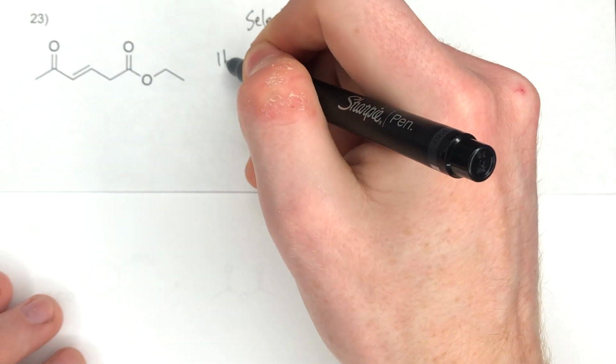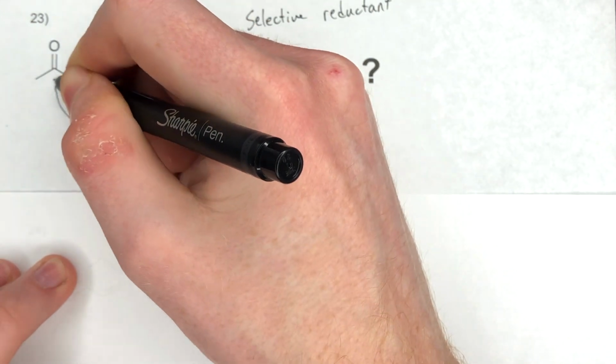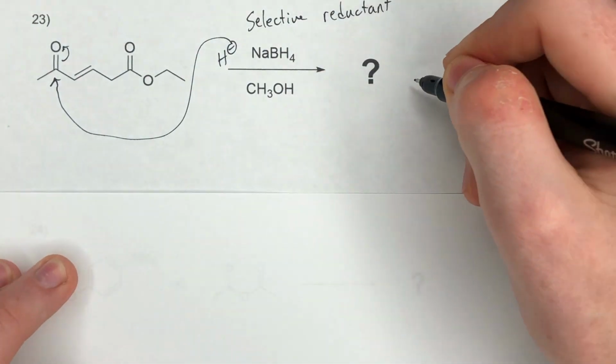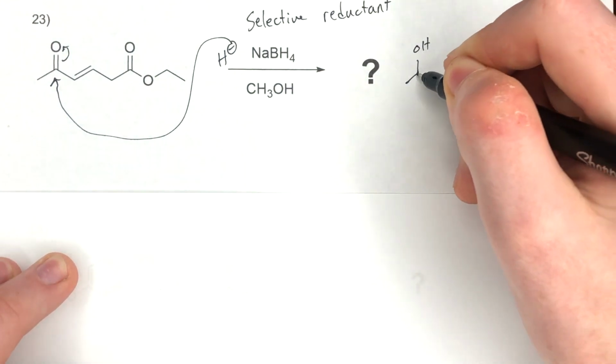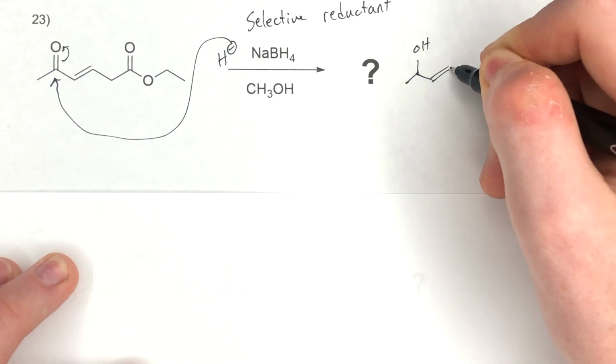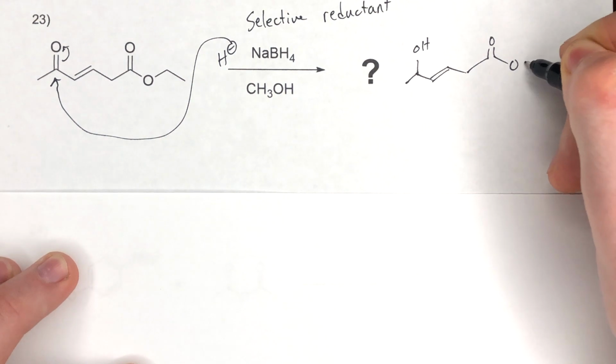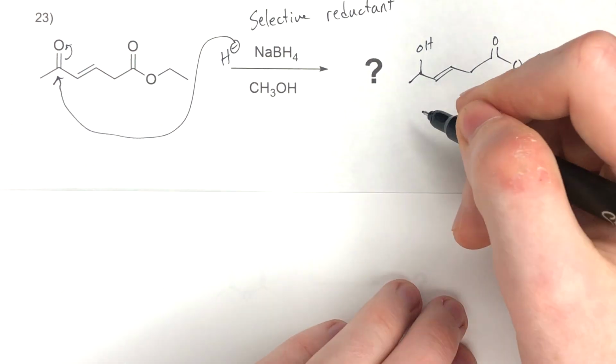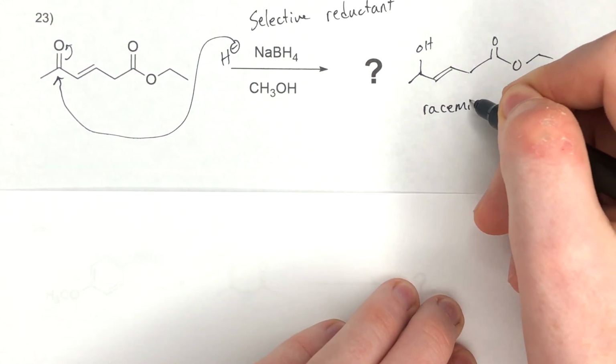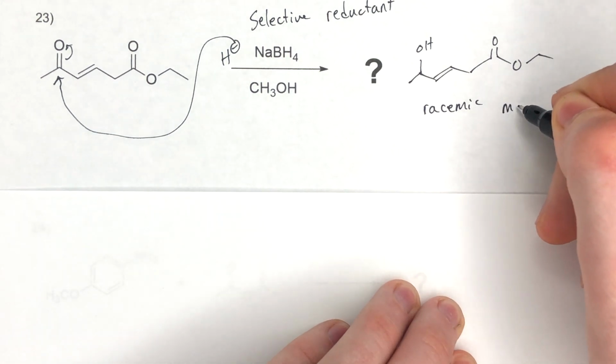here. So the hydride is going to selectively reduce the ketone and give you the alcohol at that position, the secondary alcohol. Again, the alkene is unchanged. Sodium borohydride does not affect the alkene. This is also racemic because that position is chiral.